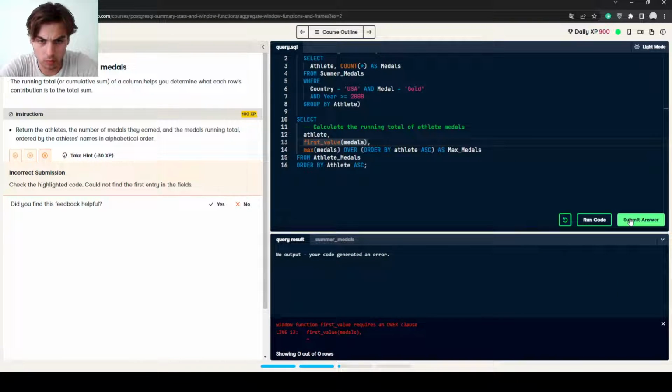Что не так? First value. Find first entry in the fields.